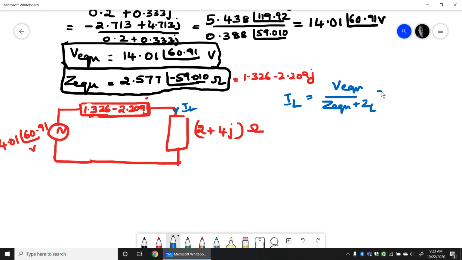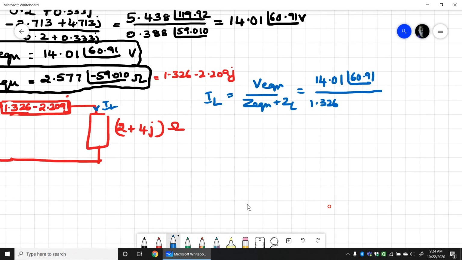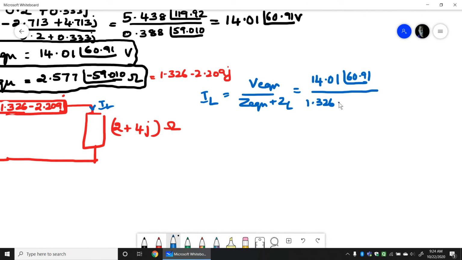So this will be equal to V equivalent, which is 14.01 at an angle 60.91, divided by 1.326 minus 2.209j plus 2 plus 4j. Okay, so this is what we get.